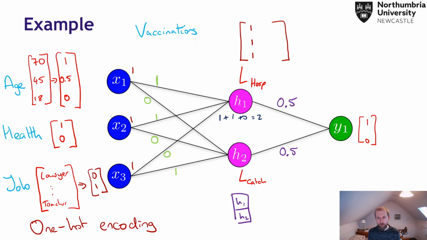And here, for H2, we're going to do something similar, and we're going to get 0 from this way, plus 0 from this way, and then plus 1 from doing 1 times 1. So 0 plus 1 equals 1. So this hidden vector is going to be 2, 1.